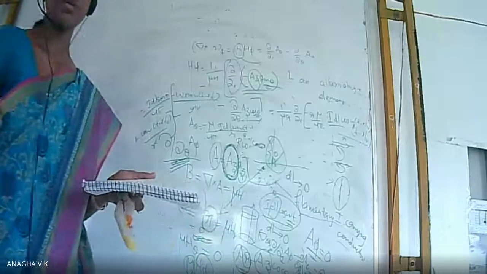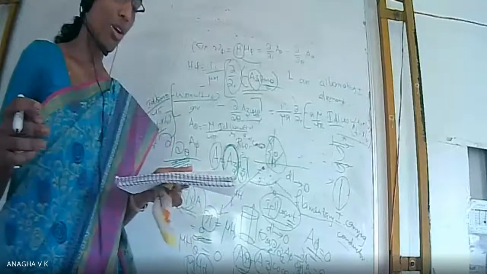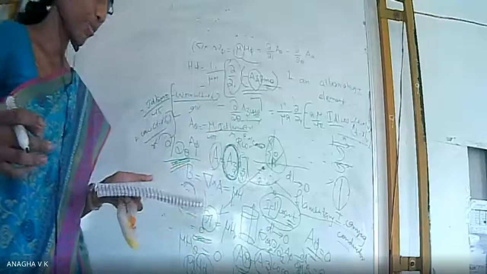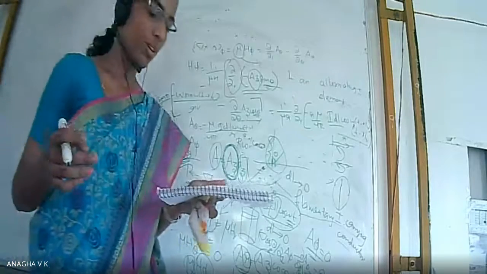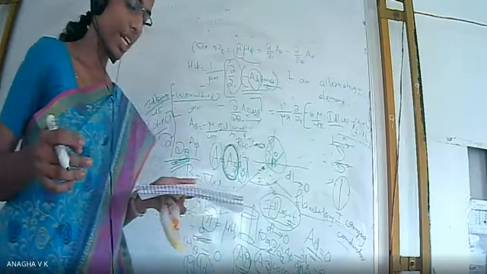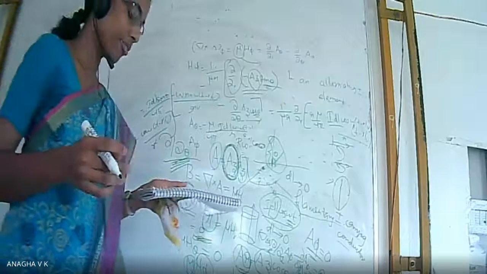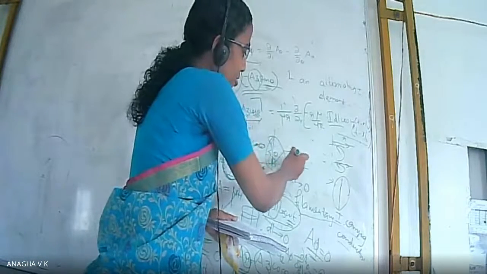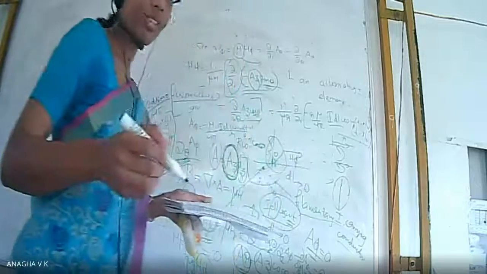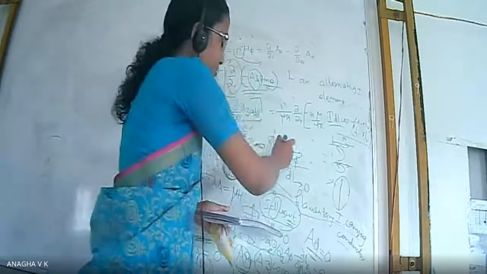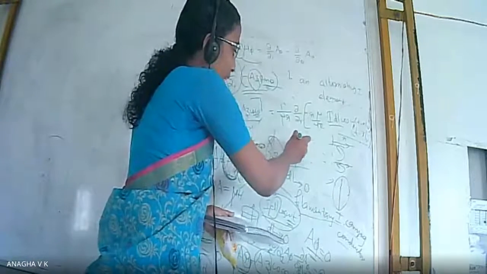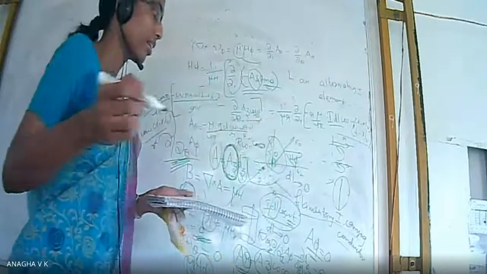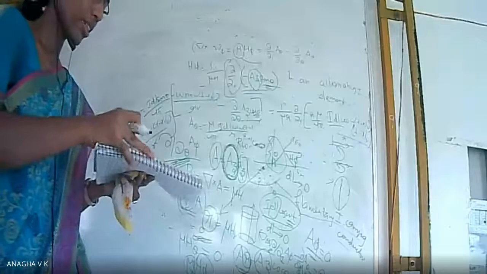You will get del cross A_R and del cross A_theta is nothing but 0, or mu H_R or mu H_theta is nothing but 0. So the remaining thing is mu H_phi. So only mu H_phi remains. That is why we are indicating only the component H_phi here, and E_theta and E_R.